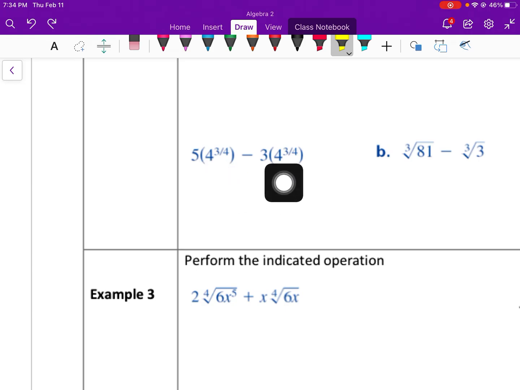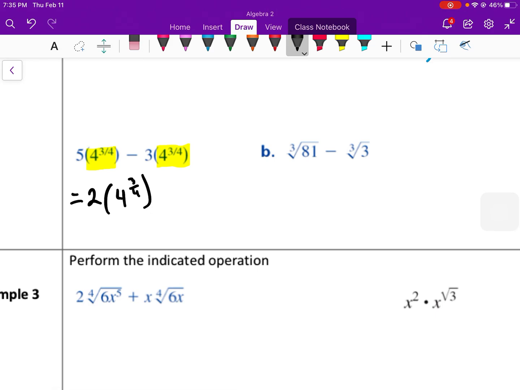Is 4 to the 3/4 power the exact same as 4 to the 3/4 power? Yes, it is. So now we can subtract those leading coefficients. So 5 minus 3 would be 2, and we still have 4 to the 3/4 power. That would be our final answer here.